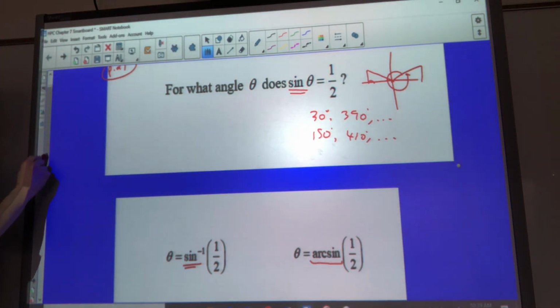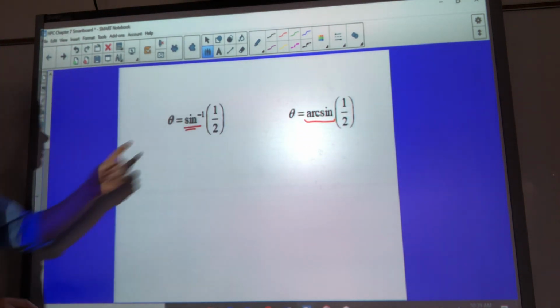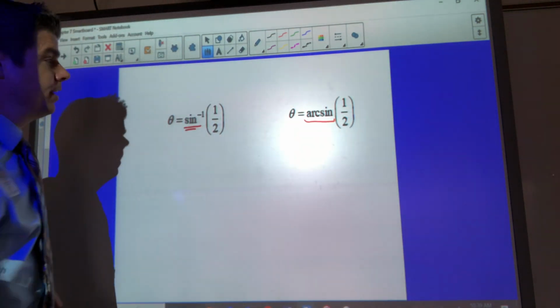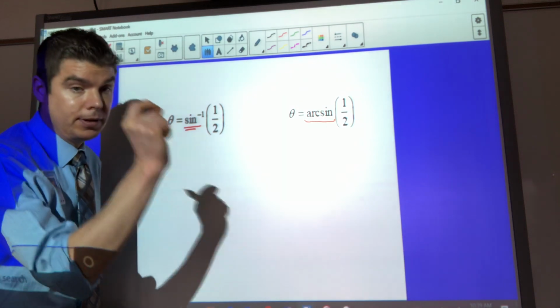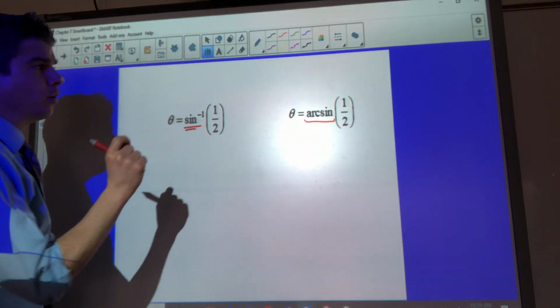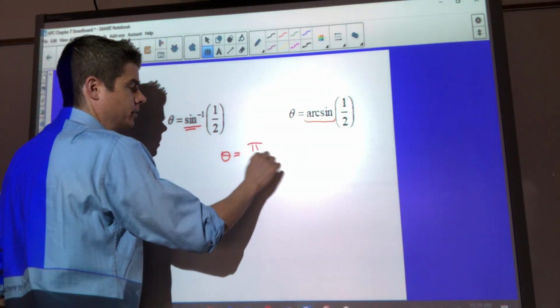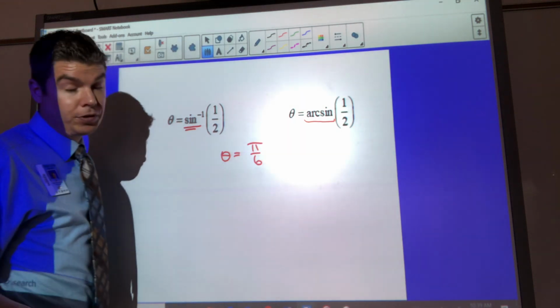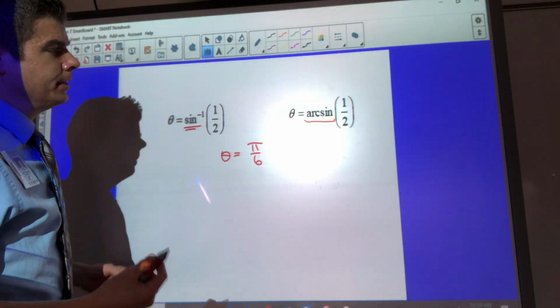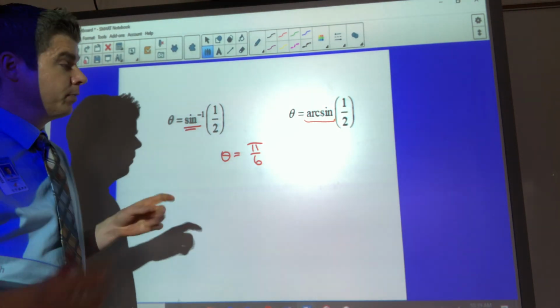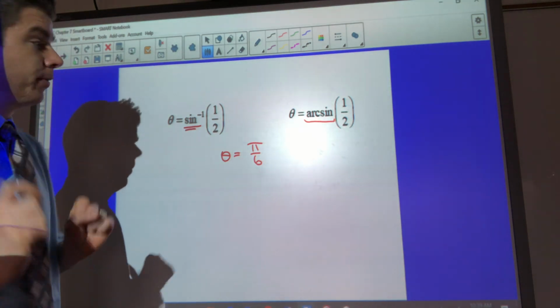If it's an inverse function, whether it's the inverse sine or arc sine, which mean the same thing, there's only one. And it's looking for the principal root, or the principal answer, or the principal solution. Now, I know that the principal solution is pi over 6, or 30 degrees. And we need to learn, where do those principal solutions live, in which quadrants? How do I make sure I get the right one?